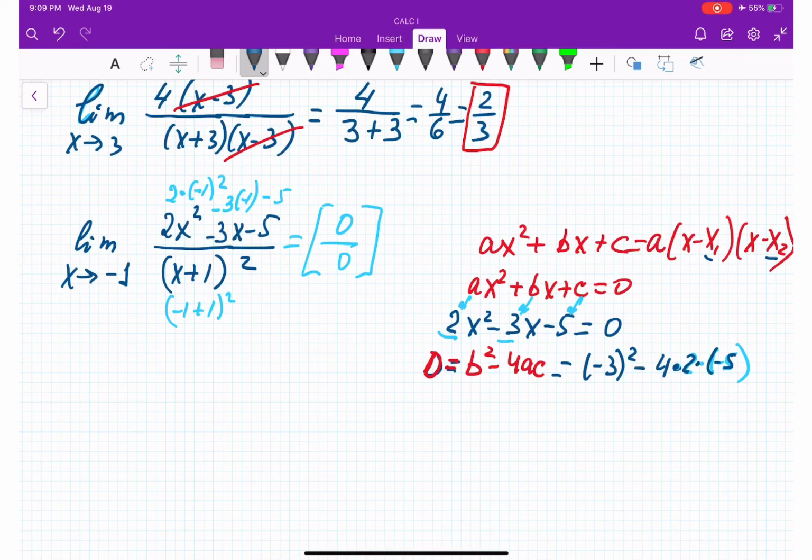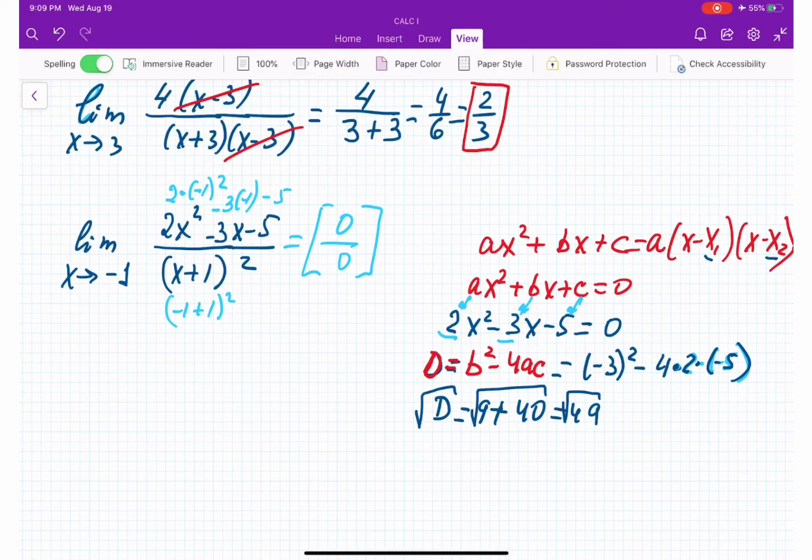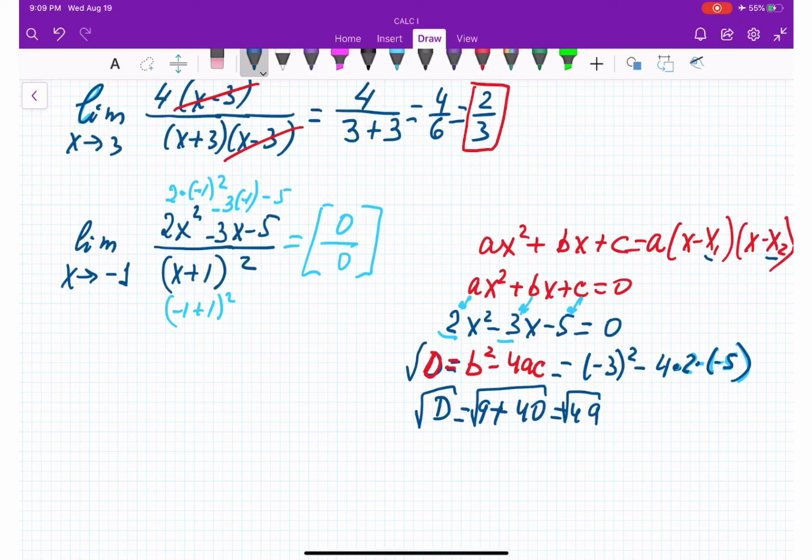Yes? And we get discriminant equal to 9 plus 40, equal to 49. Then we need the square root of the discriminant. If you watch the video, you will understand all these details. So we are getting 7.